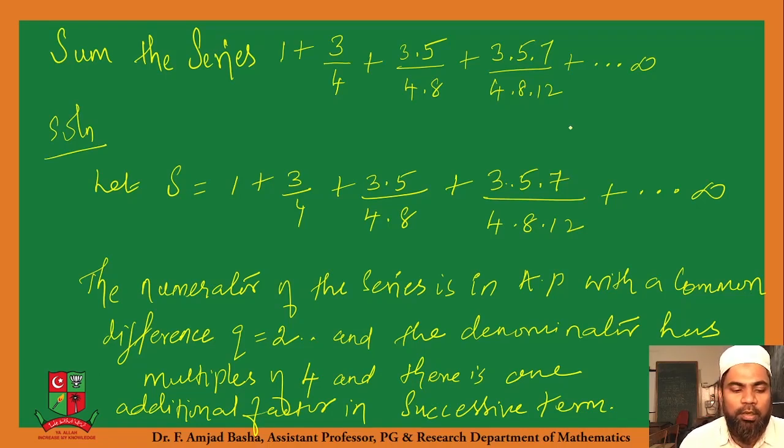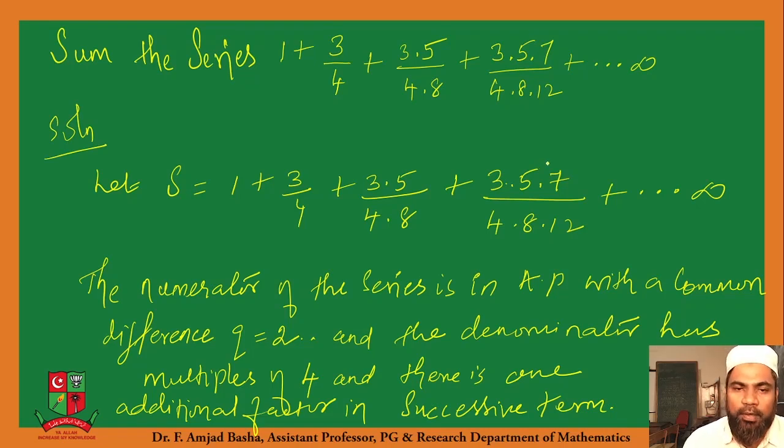Number two, the factors in the denominator are multiples of some number. And number three, each successive term has one additional factor in the numerator and denominator. Since all three cases are being satisfied in the given series, it is very clear that you can proceed with the binomial expansion.